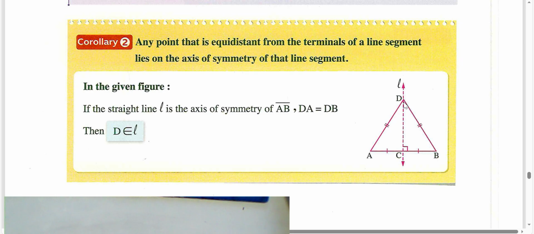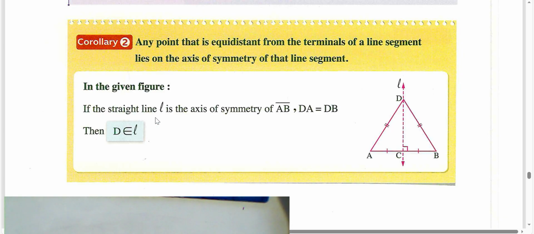If we have DA equal to DB, then L will be the axis of symmetry of line segment AB. So we have DA equal to DB, then we have an isosceles triangle, and also L, the axis of symmetry, bisects AB at a point C. C here would be the midpoint of AB.